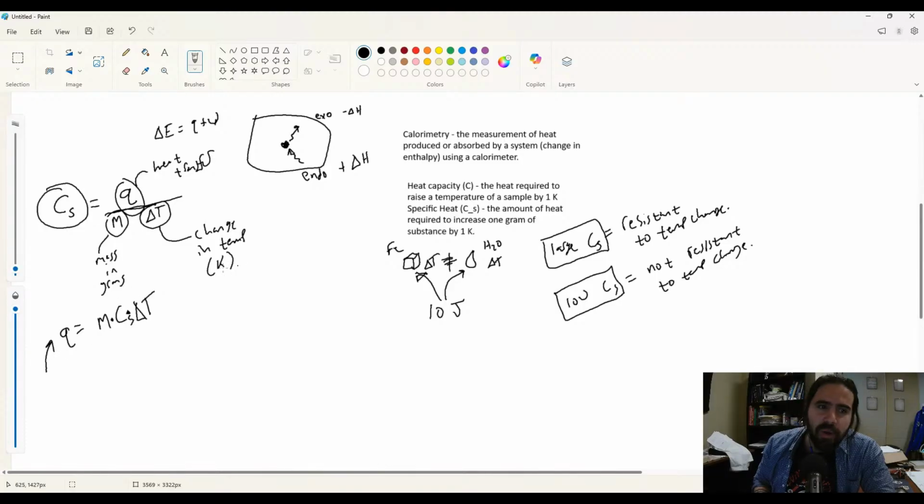So if we have a system that we're working with and we know its mass, its specific heat, and its change in temperature, we can figure out how much energy it's absorbing or releasing. And that's the purpose of calorimetry. It's utilizing something like the specific heat, the mass, and the change of temperature of a thing in order to calculate how much energy it's either releasing or absorbing.